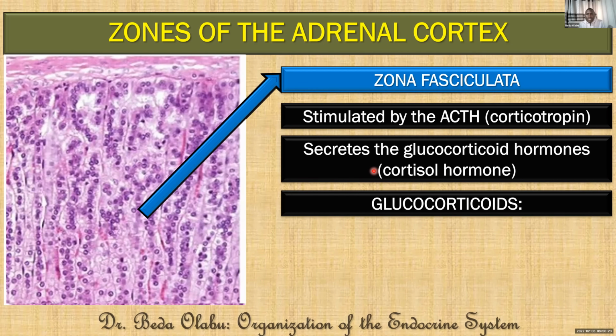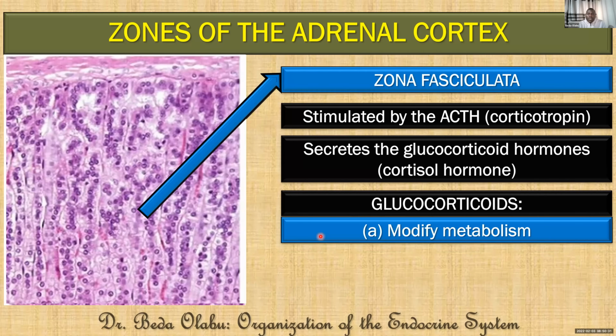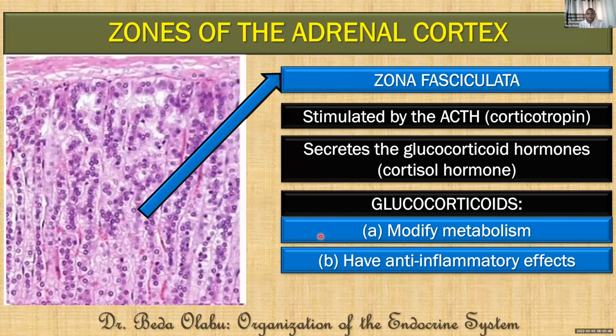That's the message. What's the effect of cortisol? Glucocorticoids in general modify metabolism. They affect metabolism of carbohydrate, metabolism of fat, and metabolism of proteins as well. They also have anti-inflammatory effects, and that's why the synthetic forms of glucocorticoids like hydrocortisone, prednisolone, and dexamethasone are used as anti-inflammatory drugs.